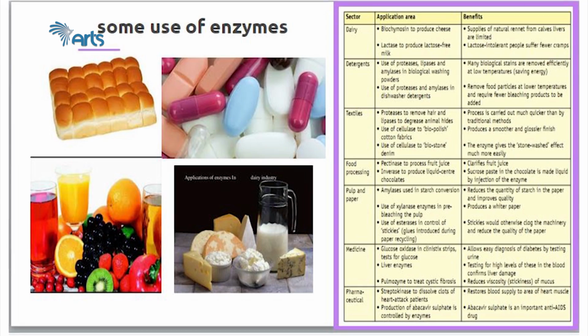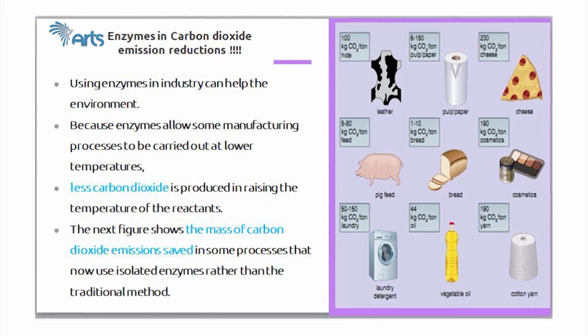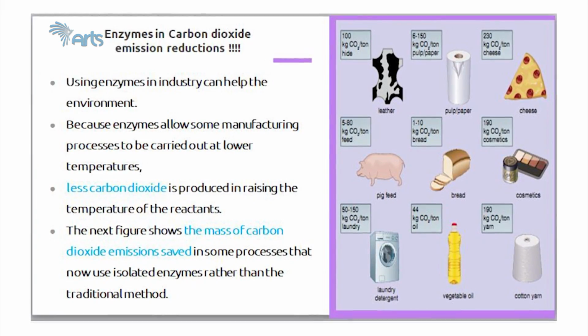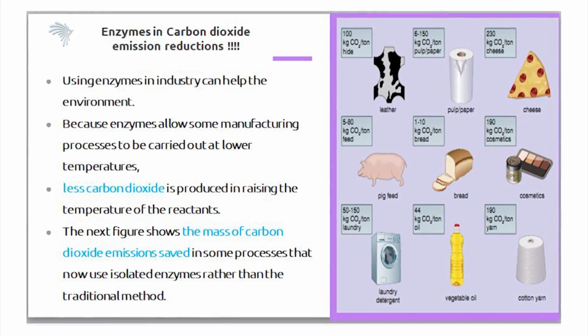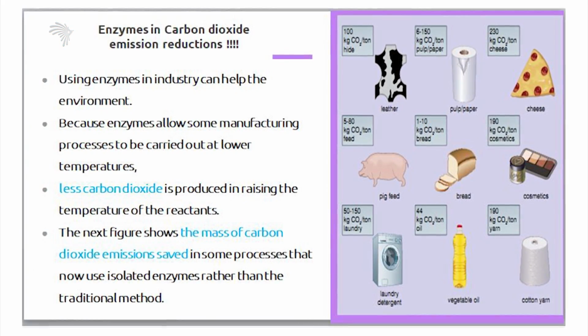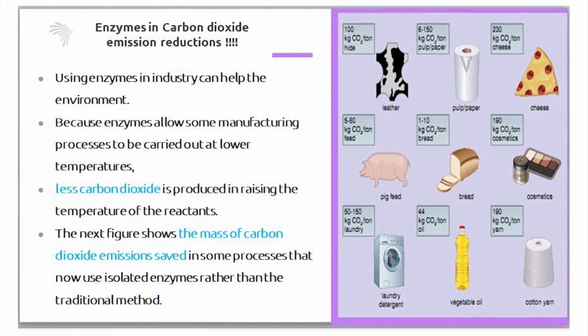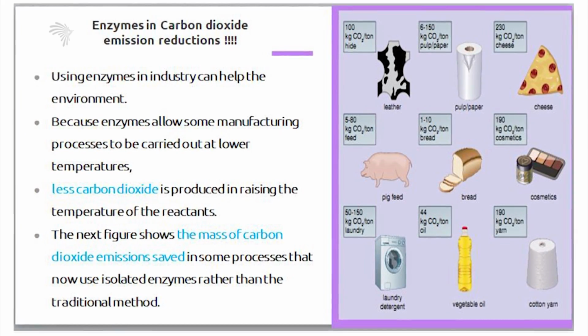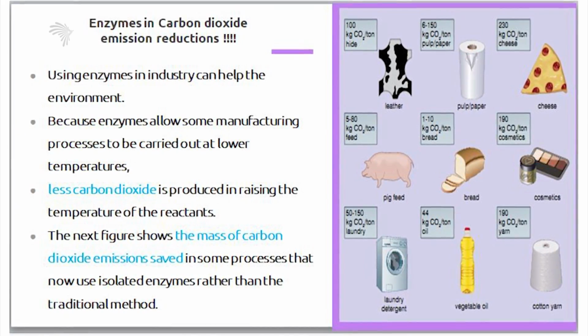Enzymes are also involved in carbon reduction, okay? Enzymes in carbon dioxide emission reductions. You can see this on the slide. Different industries are involved, like the leather industry, the pulp industry, the cheese and the bread industries.